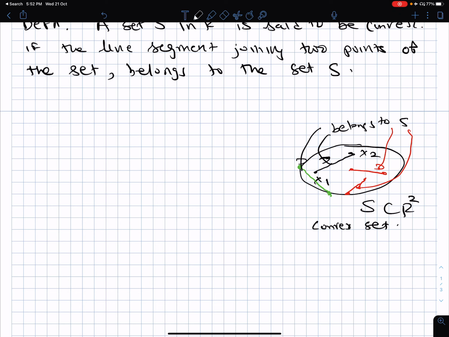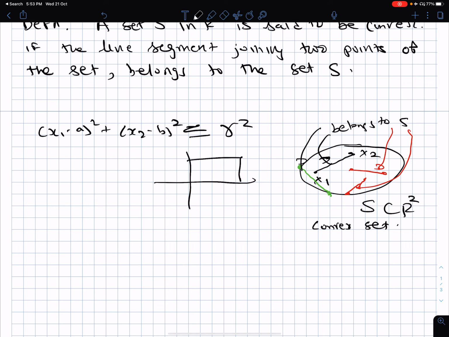So what could be other examples? For example, you could think of a circular disk centered at some A and B, and a circular disk like this with the radius r is also a convex set.